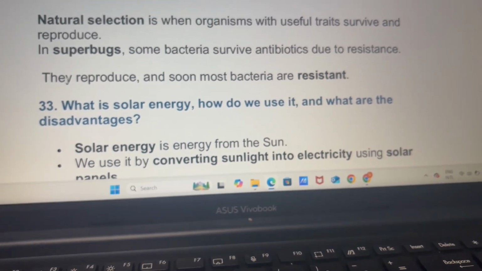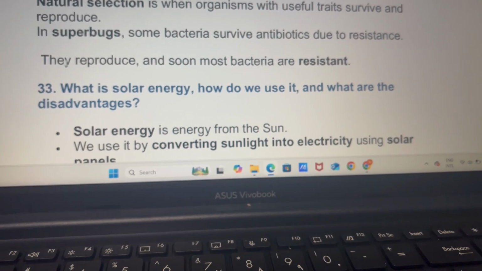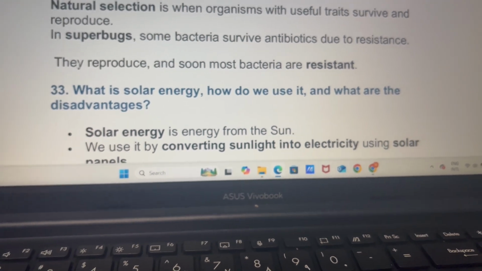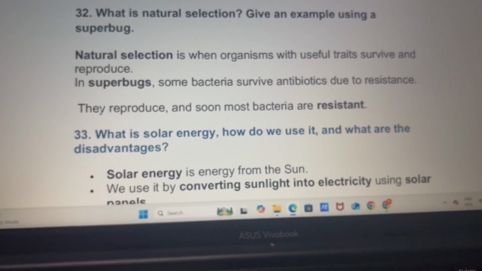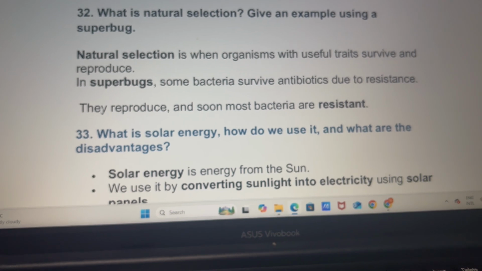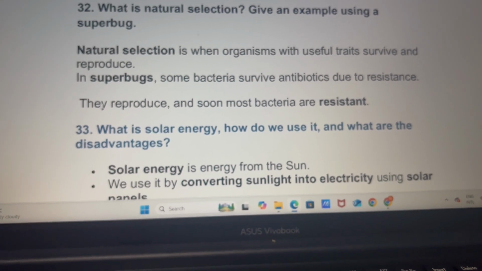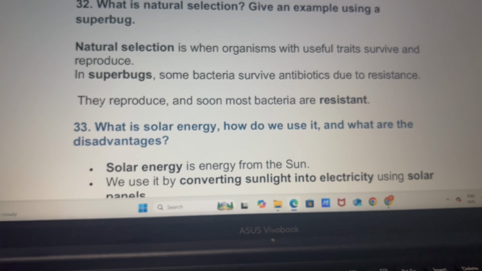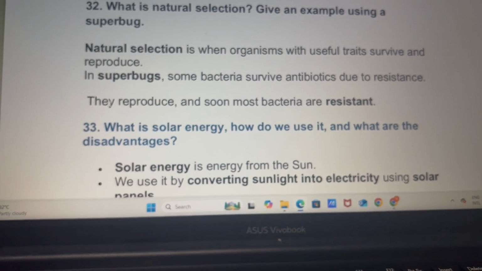Natural selection: the superbug example is very important. Superbug is a term we use for microorganisms which can resist diseases, resist antibiotics, resist the medicines. Some people keep taking antibiotics for no reason, literally for no reason.